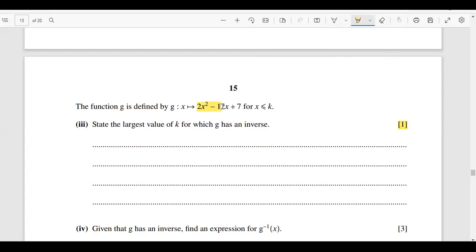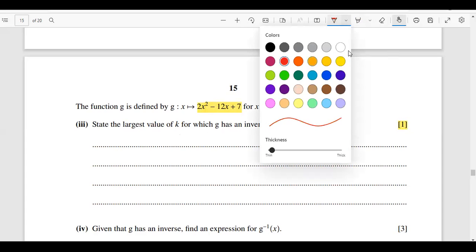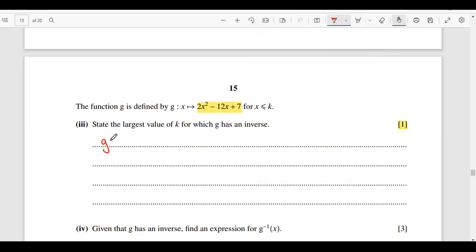And this g of x is the same as the f of x we had initially. So I'll just write it in the other form. g of x can be written as 2 into x minus 3 squared minus 11. This is g of x.